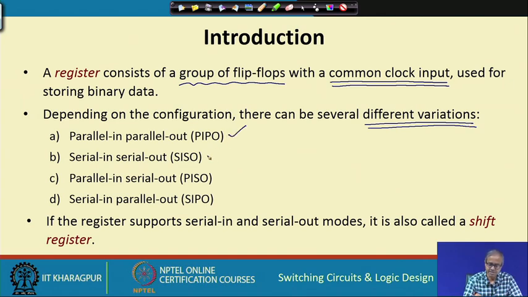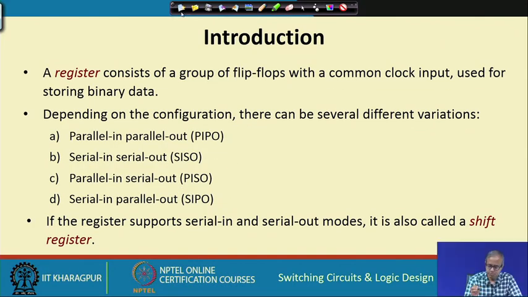Specifically, registers can be of 4 different types depending on how you are using them: parallel in, parallel out; serial in, serial out; parallel in, serial out; and serial in, parallel out. We shall be discussing these variations in due course of time, what the main differences are and how we can design a register that supports these features.